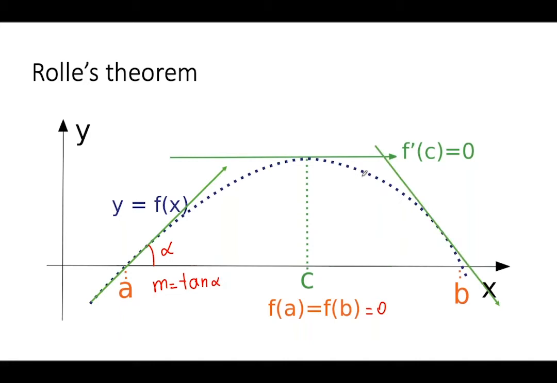And the slope of this line will be equal to tangent of this angle. And this line is parallel to the x-axis. Therefore, between this line and the x-axis, we don't have any angle, so the angle will be 0. Therefore, the slope will be equal to tangent 0, which is equal to 0.